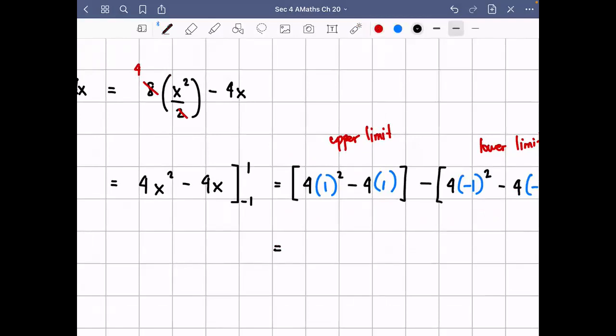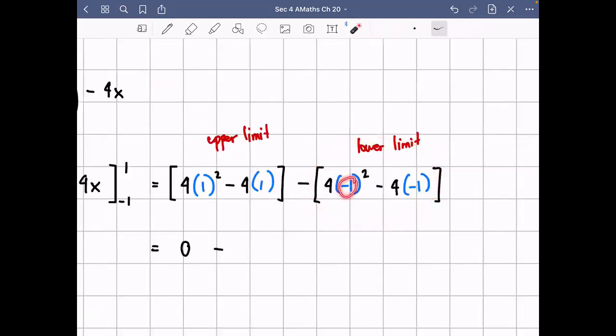Let's evaluate this upper limit. So this is 4 minus 4, so basically it's 0. And then minus. Let's evaluate the lower limit.